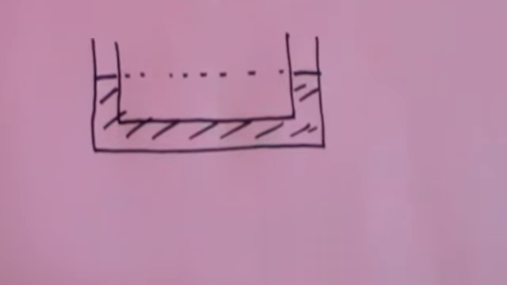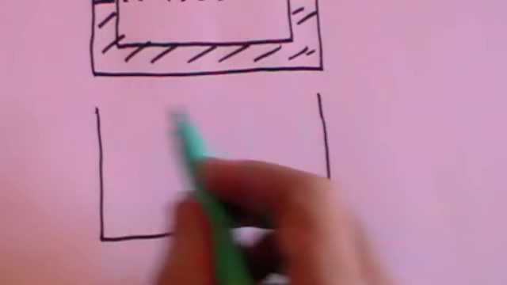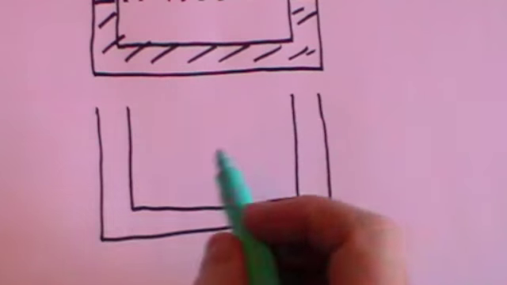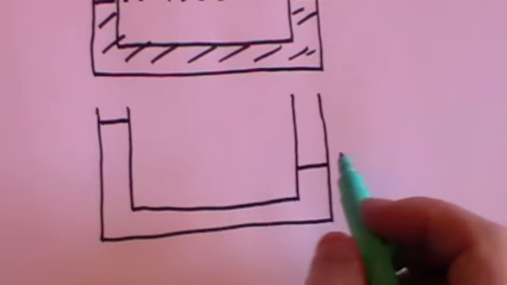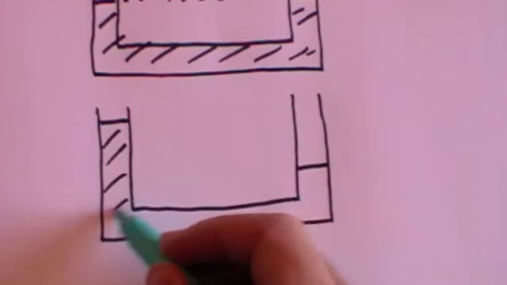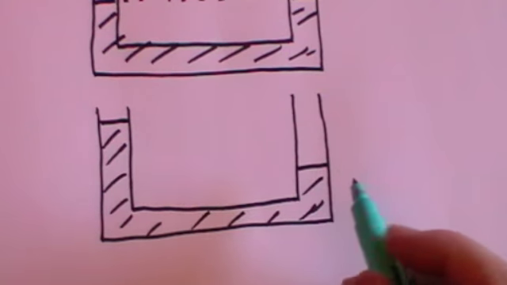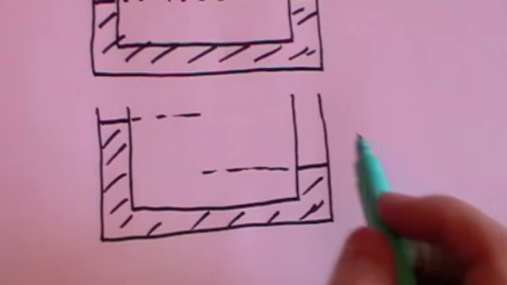But suppose instead we have a situation where, with a combination of taps that can restrict where the water can move, we have water at that level on this side, but at that level on this side. So this is the water, and we've got taps to stop it from moving. Now you'll notice that we've got a difference in height.